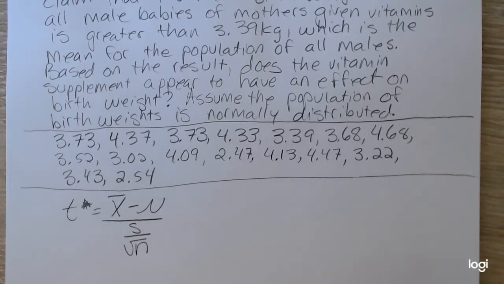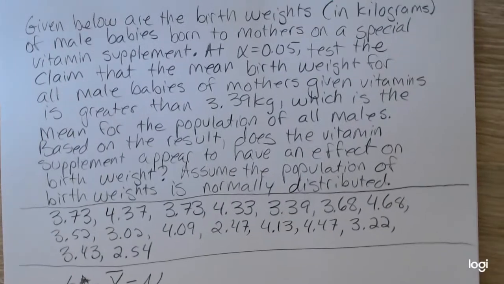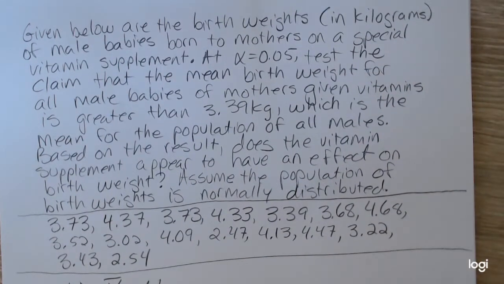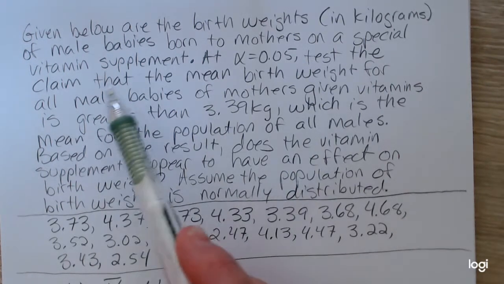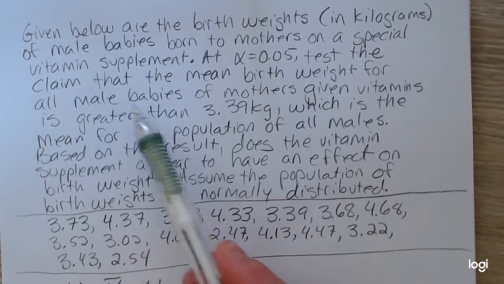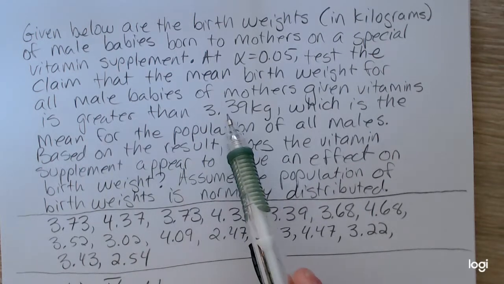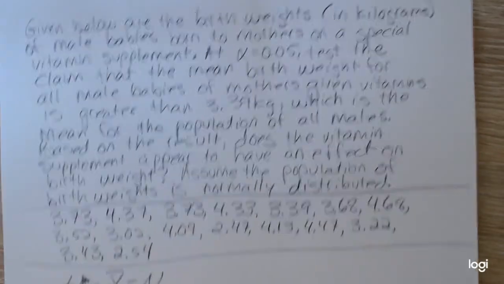And I need to set up my null and my alternative. Again, you want to set up the claim in terms of a mathematical statement using the correct parameter and structure the null and the alternative around that. So it says test the claim that the mean birth weight for all male babies of mothers given vitamins is greater than 3.39.